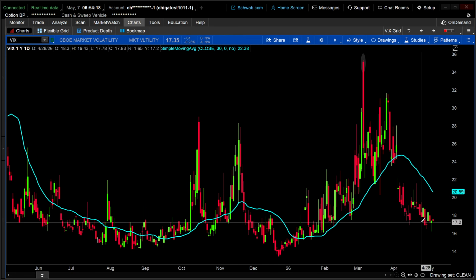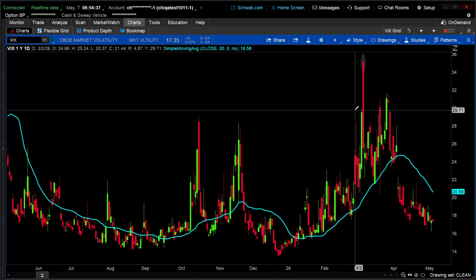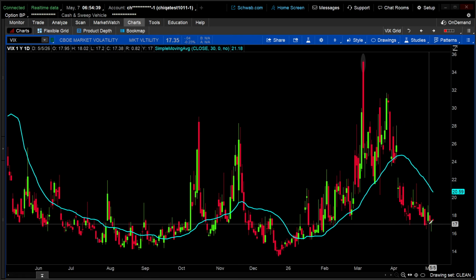So, taking a look at the VIX right now, we've got a 30-period moving average on the VIX index. That's been moving down. The VIX is now falling into right around the 17 to 17.5 area, which is relatively low compared to where it has been. You can see some of the spikes that we've seen on the VIX.